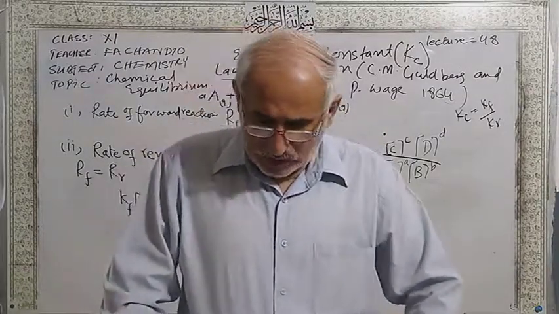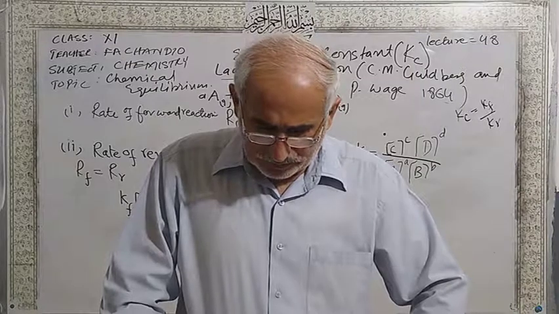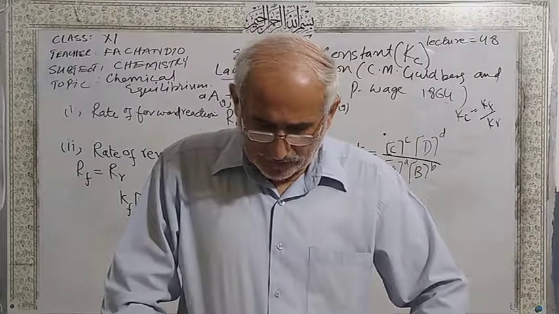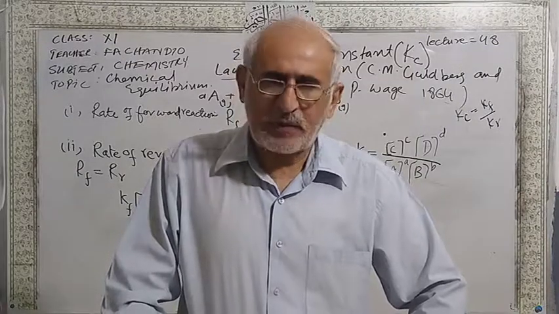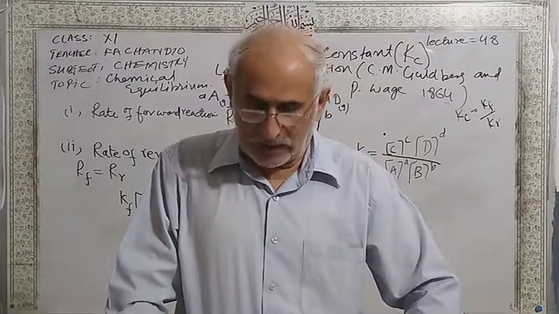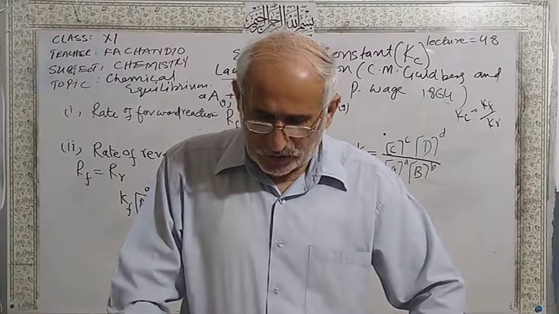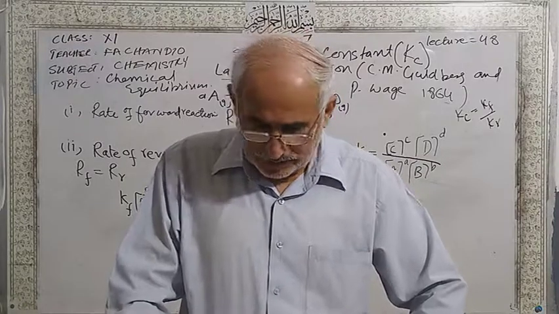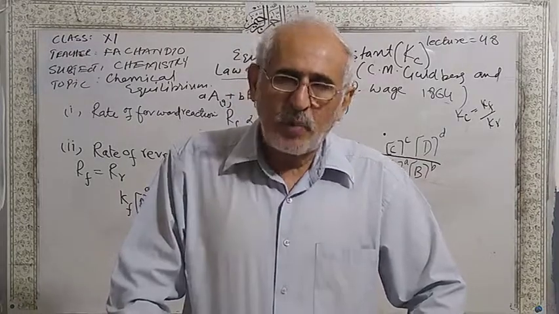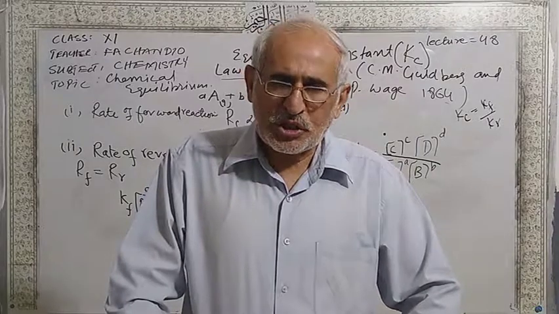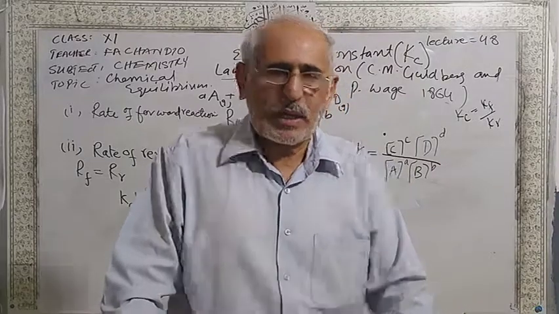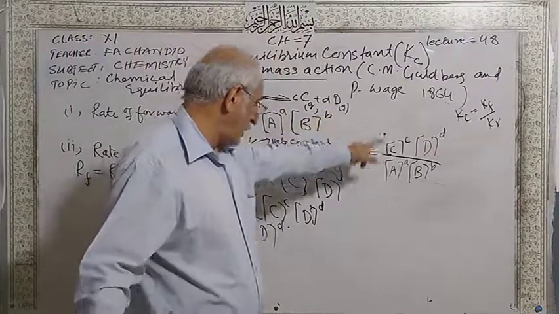So, students, Kc is called an equilibrium constant, and the square brackets indicate the concentration of chemical species at chemical equilibrium. Thus the equilibrium constant expression for any chemical reaction can be written from the stoichiometric balanced chemical equation.